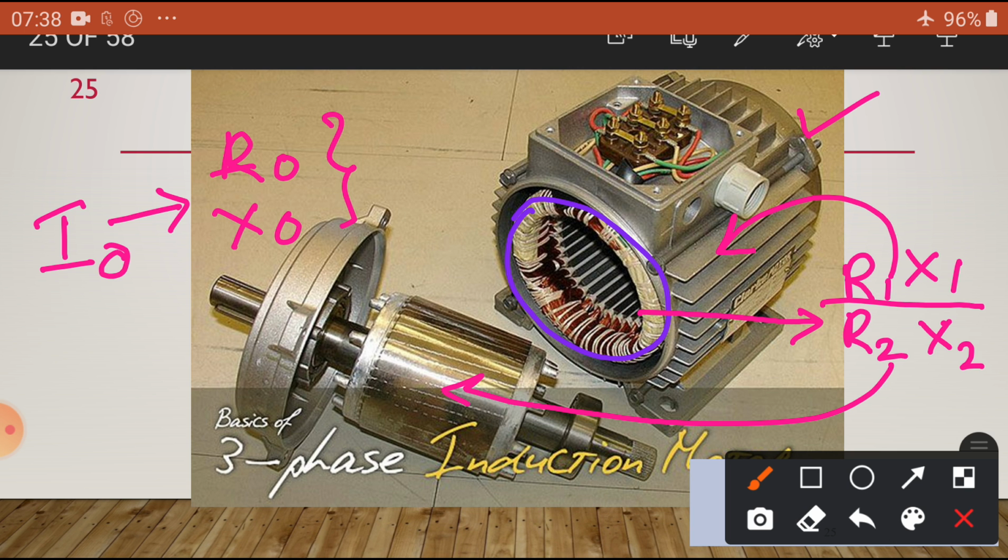We have calculated the current of the induction motor, the torque, the maximum torque, the efficiency, the slip, everything mathematically. At the same time, I want to know the motor performance values by a graphical method.